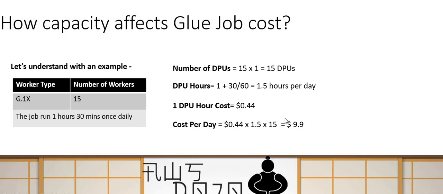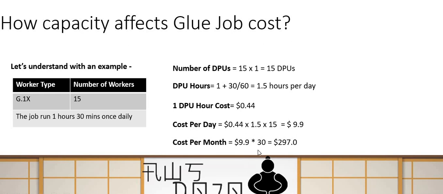So basically 15 DPUs are running for 1.5 hours, and since each DPU hour costs 0.44, we multiply all these three things, and my cost per day comes to $9.9.